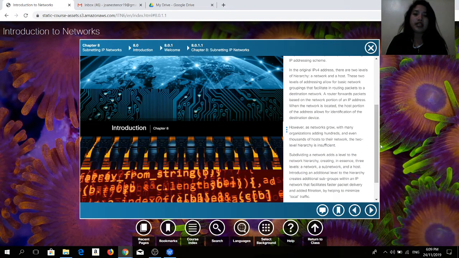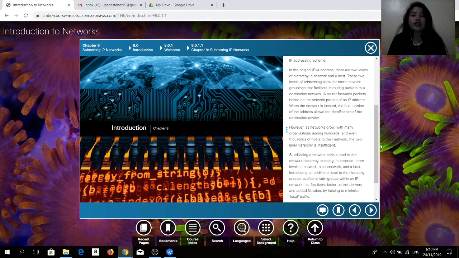In the original IPv4 address, there are two levels of hierarchy, a network and a host. These two levels of addressing allow for basic network groupings that facilitate routing packets to a destination network. A router forwards packets based on the network portion of an IP address.